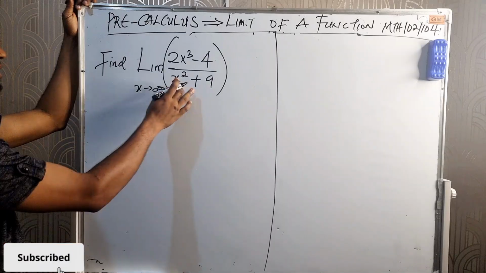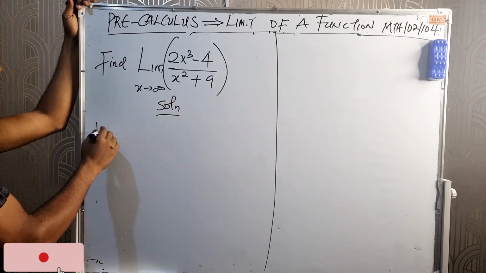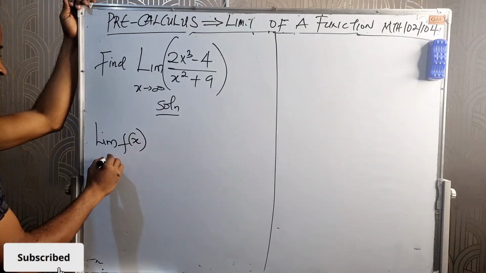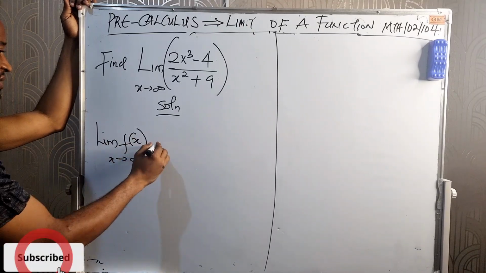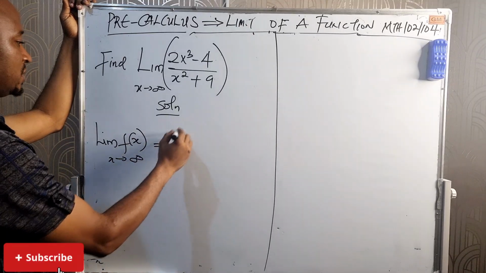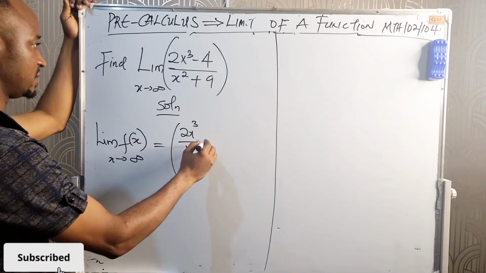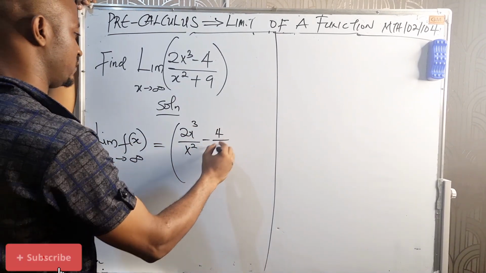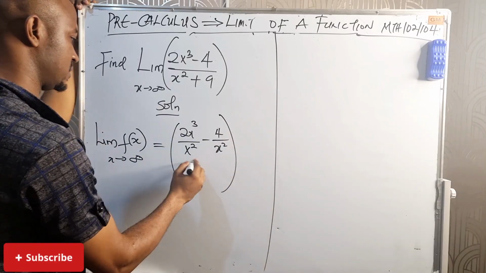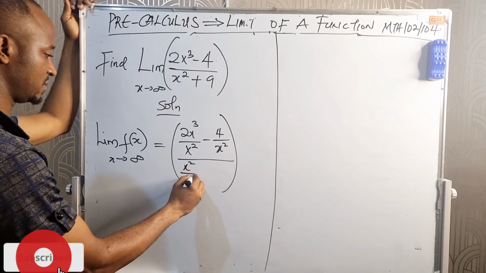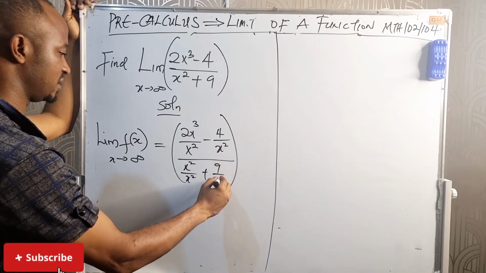Let me call the whole of this f of x as x approaches infinity, equal to 2x to the power of 3 over x squared minus 4 over x squared, divided by x squared over x squared plus 9 over x squared.